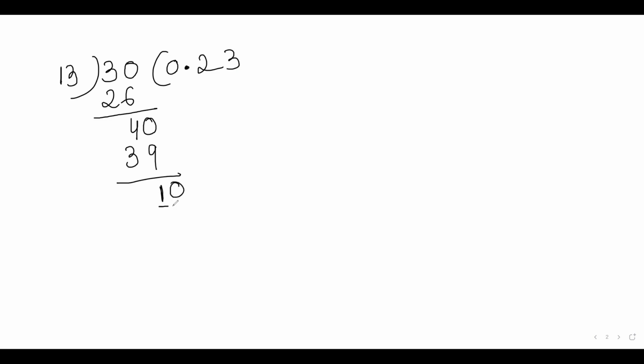Still, the number is smaller. Put a 0. It will become 100. 13 sevens are 91. Subtract, 9 remains. With this point, put a 0.